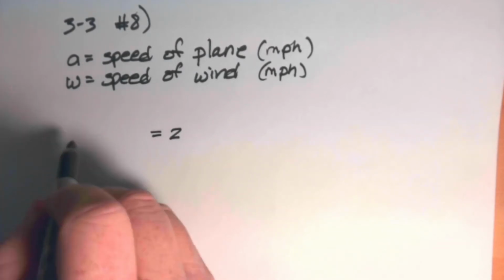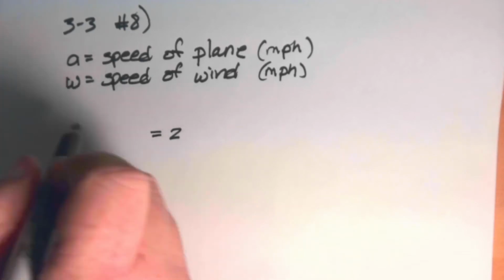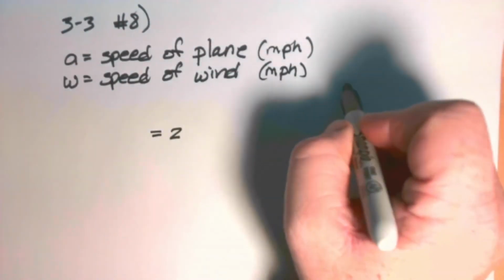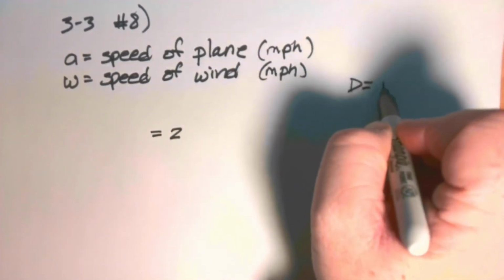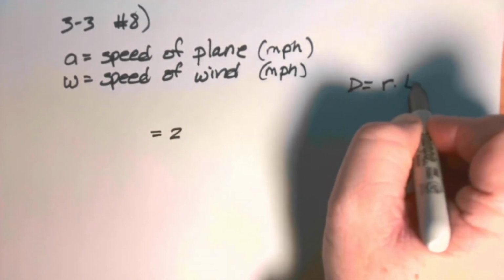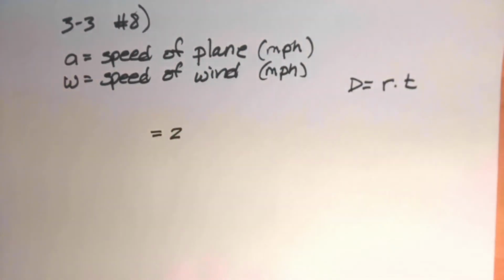So what's happening here? We know that the distance is equal to the rate times the time, right? So if I'm driving at a speed of 50 miles per hour and I drive for 2 hours, I know that 50 times 2, I'm going to go 100 miles. Okay, so we have distance is equal to the rate times the time.